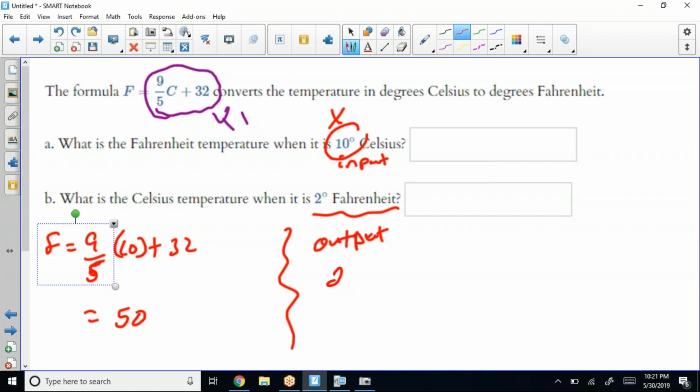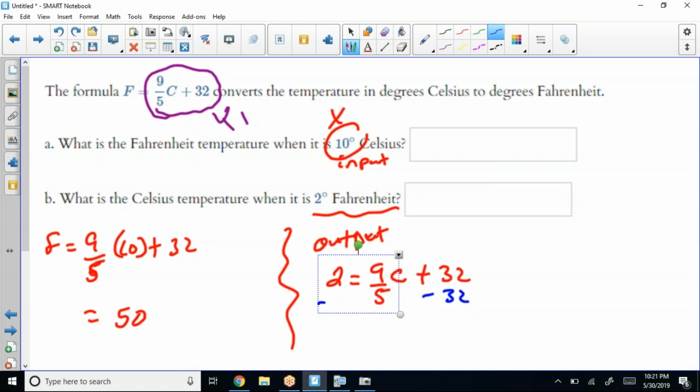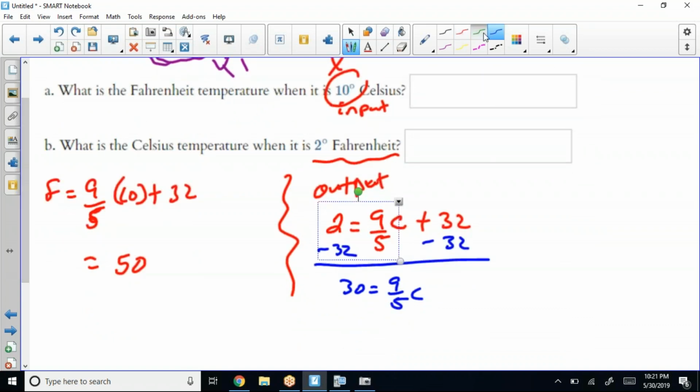So really this one is 2 equals 9/5 C plus 32, right? And we could subtract 32 here, and we get 30 equals 9/5 C, right? And then we multiply both sides by 5/9.